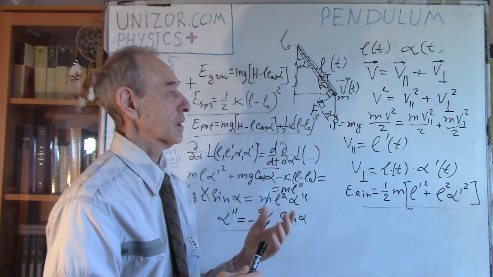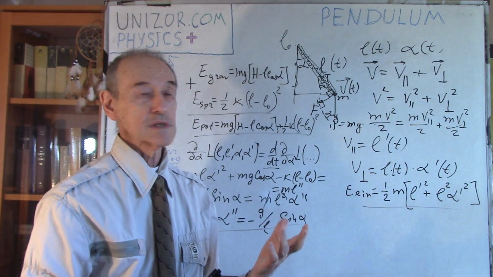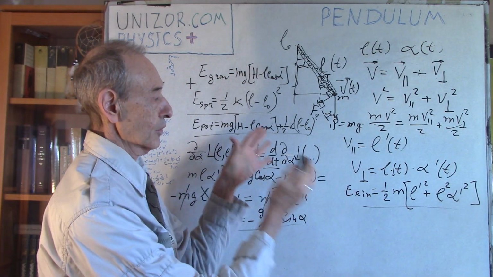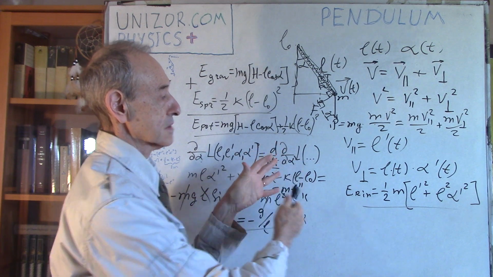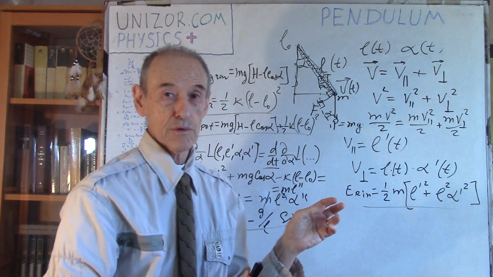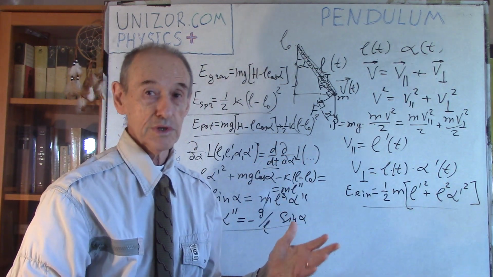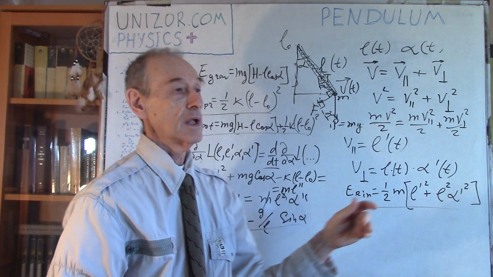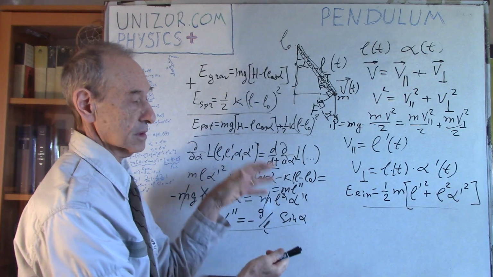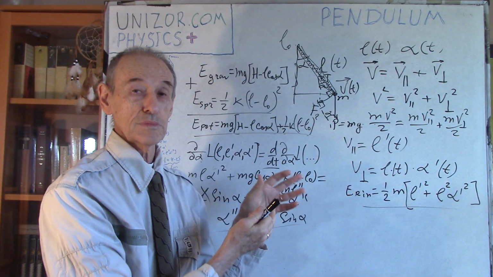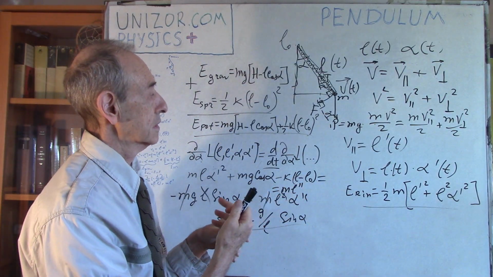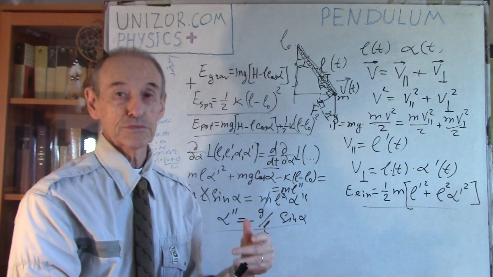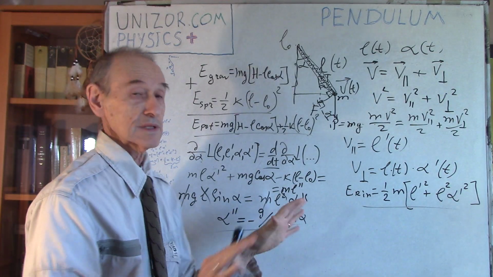So we will talk about generalized coordinates, and you will see how this Lagrangian, which depends on more than one variable, in this case 2 degrees of freedom, L and alpha, how the Euler-Lagrange equation can be established for each degree of freedom. But that's the next lecture.